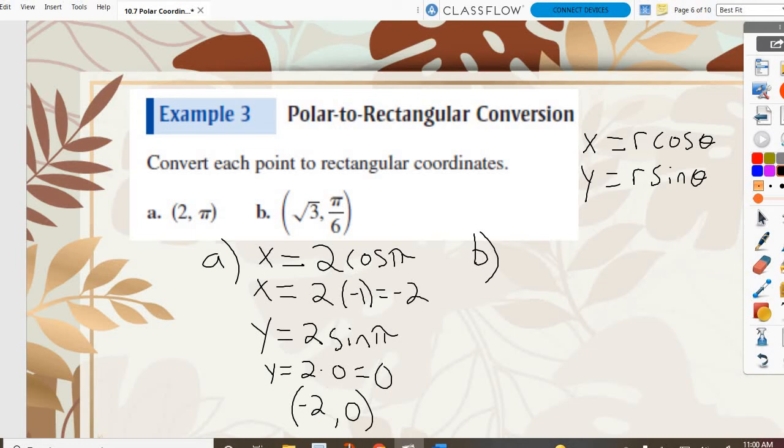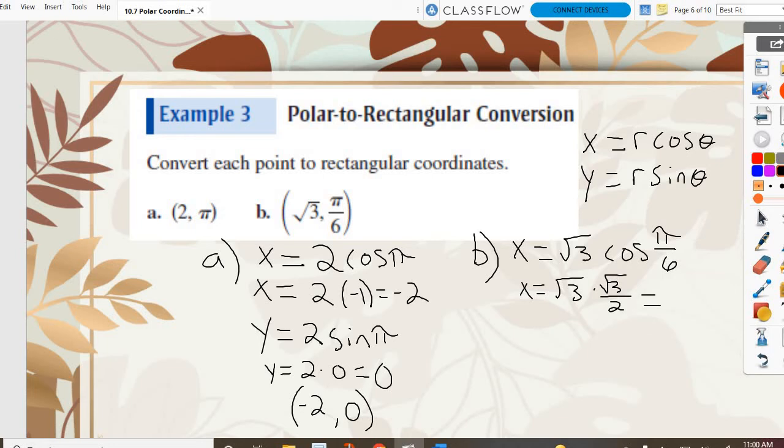So on part B, what's our r this time? Square root of 3 times cosine of pi over 6. Well, what is cosine of pi over 6? Square root of 3 over 2. Good job. So then what do we get overall?